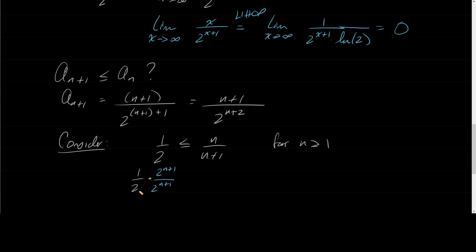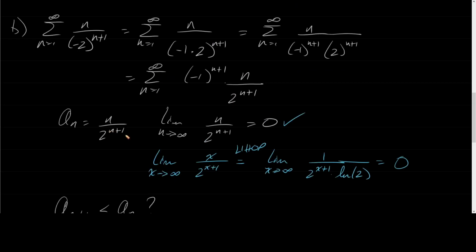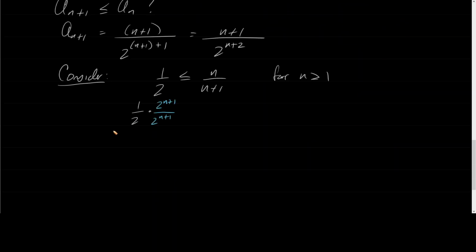Why am I using 2 to the n plus 1? The reason is because I want to have something similar to the 2 to the n plus 1 of our sequence. And what happens when we do that? This right side over here is still just n over n plus 1. If I do a kind of cross multiplication, moving this up here and this down there, what do we get?